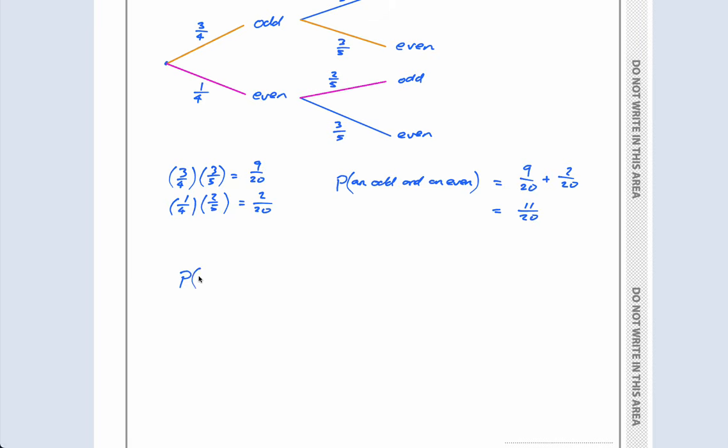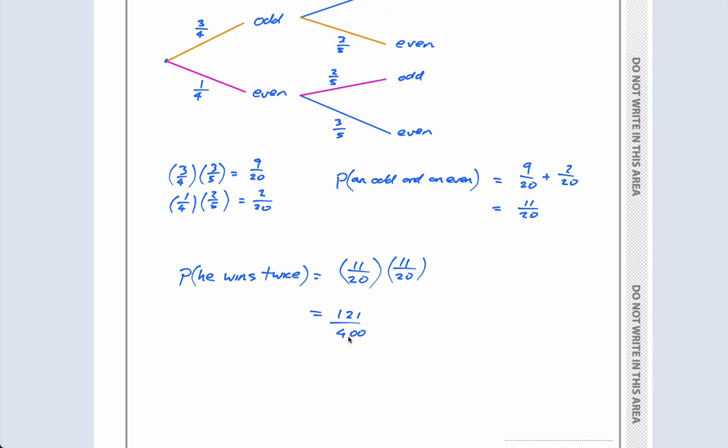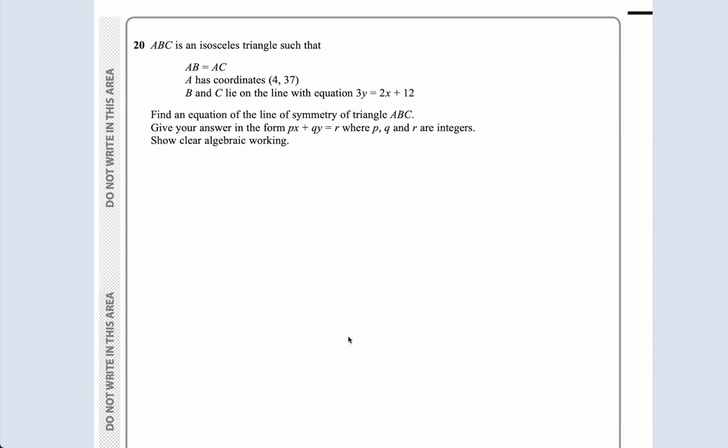So the probability he wins twice equals 11/20 times 11/20, or squared, which gives me 121/400. Okay, nearly done. Last question.